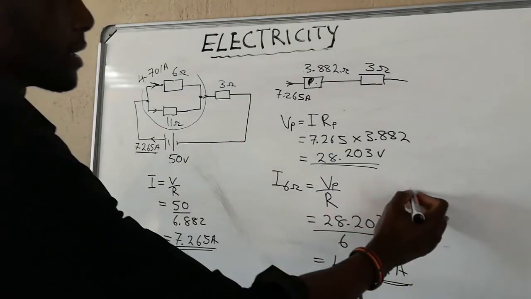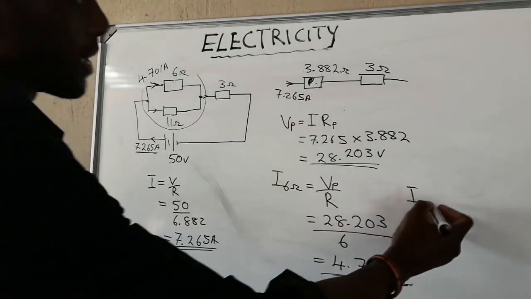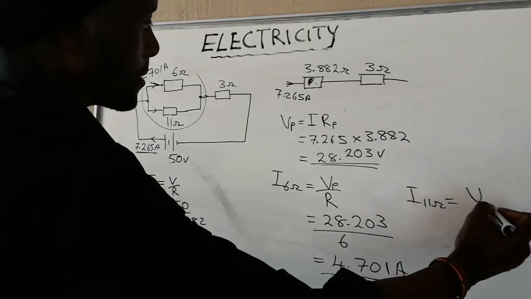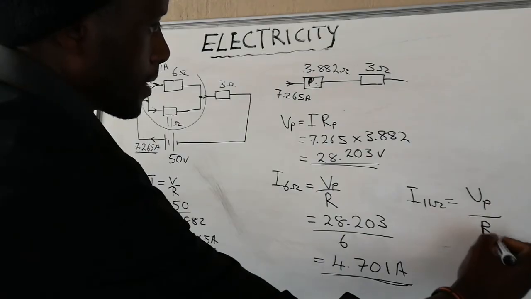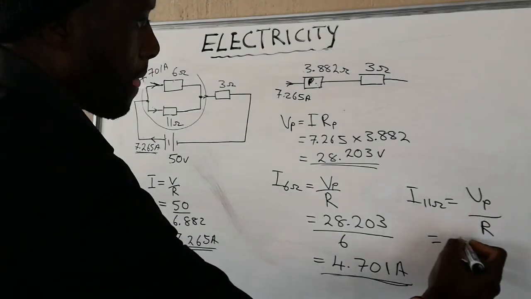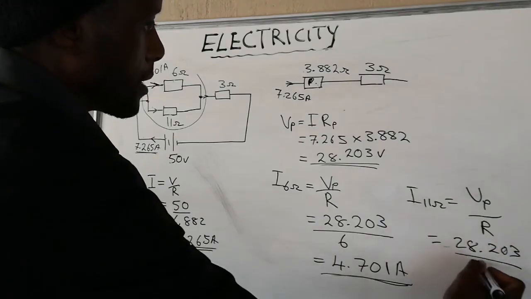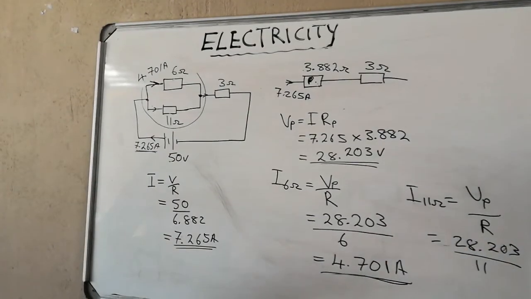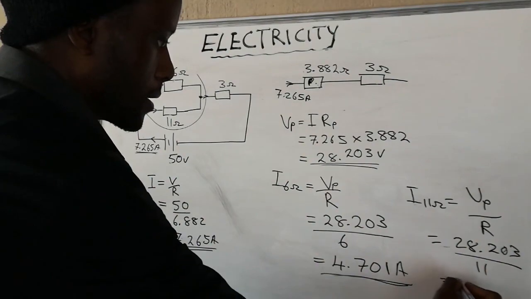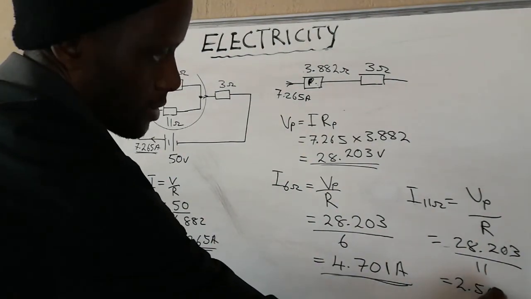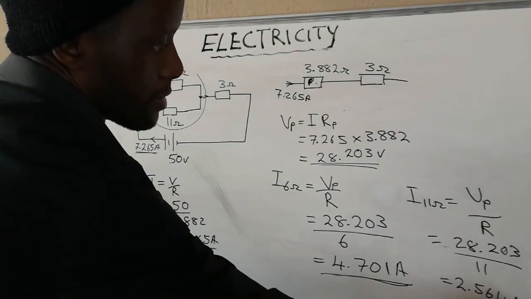If you want, you can calculate, but they have not asked us for that. Current across the 11 ohm resistor would still be 28.203 over your 11. You get 2.564. We round off that, amps.